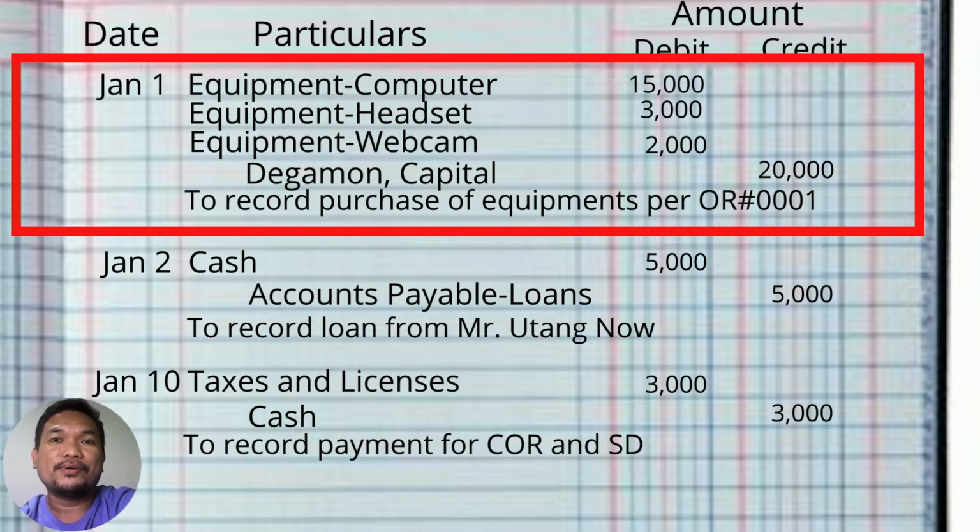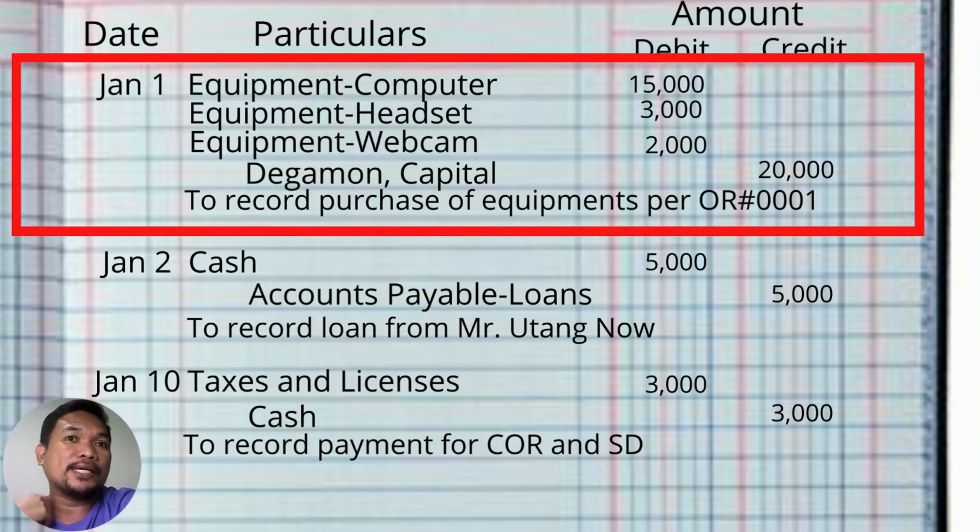So always remember, guys, when you make an entry, make sure that the debit side is balanced with the credit side. Dito dapat balance lahat. So in accounting, dapat balance lahat. If you total this one, total debit is 20,000 and then the total credit is 20,000.